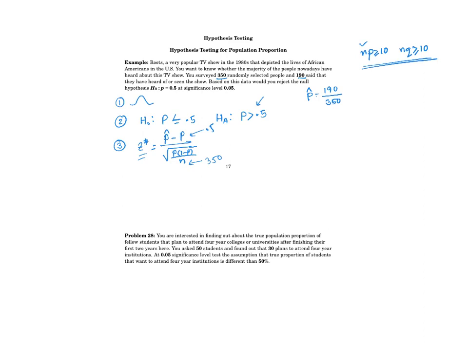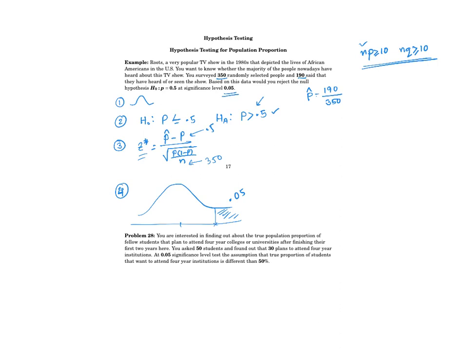Now you need to create the critical region, step 4. We are considering a single tail, right, and which tail? Right tail. So the area to the right is going to be 0.05, because the significance level is 0.05.